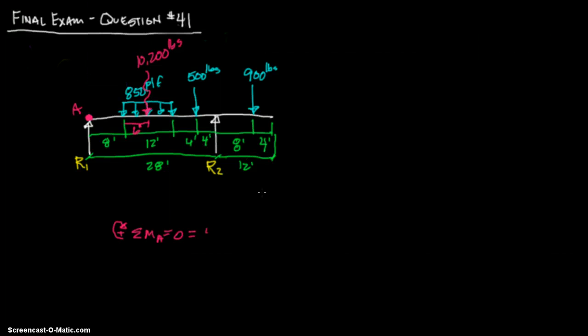Let's get back here. There we go. And so that's 10,200. I'll stay in pounds as opposed to kips. 10,200 pounds times 14 foot, that's 8 plus 6 is 14 foot, is your distance from point A.